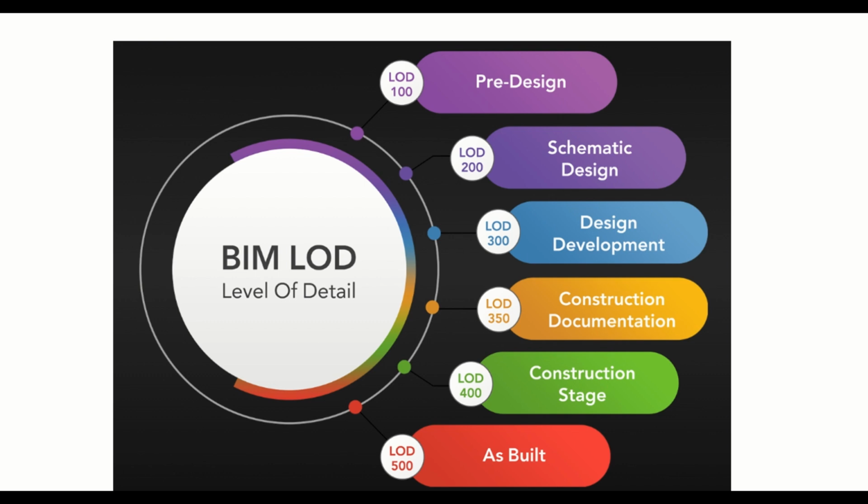And same thing goes for the electrical guy: they give their heating services data to the mechanical guy so that they can evaluate their heating coefficient while designing their mechanical equipment. For example, if they are designing air conditioners, they can calculate that these lighting fixtures are producing this much level of heat. All these things will come in the detailed design stage, that's called LOD 300.